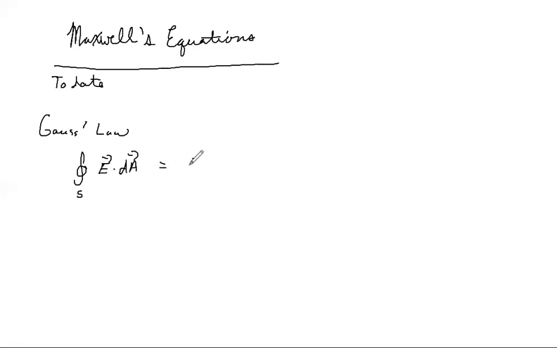It gives you the charge inside over epsilon naught. And similarly for magnetic fields, the left-hand side looks the same. The right-hand side is 0 because we don't have any magnetic monopoles known. So those are both Gauss's laws for electric and magnetic fields.